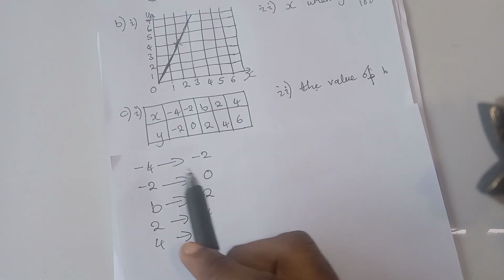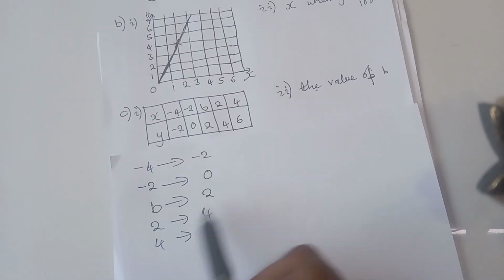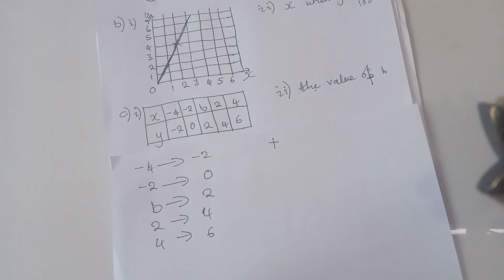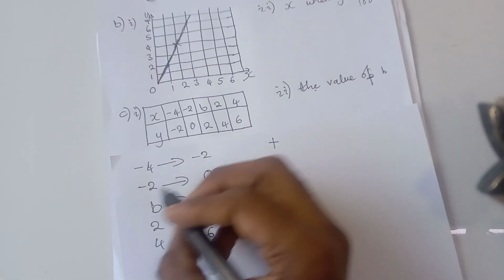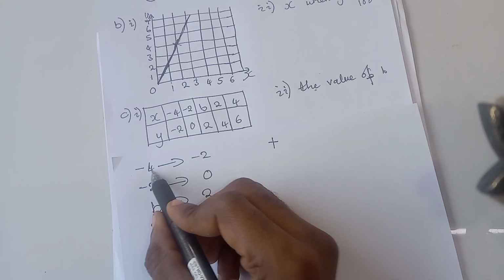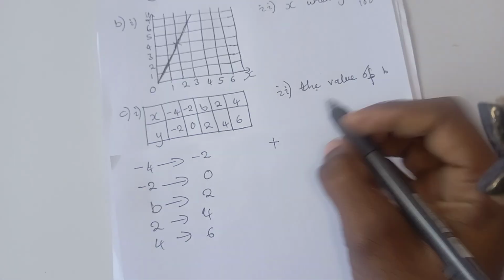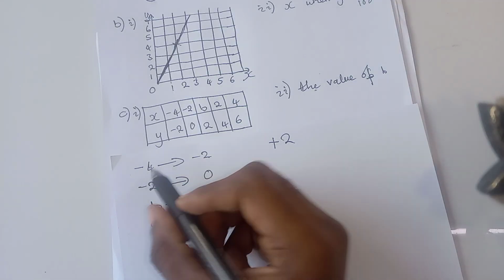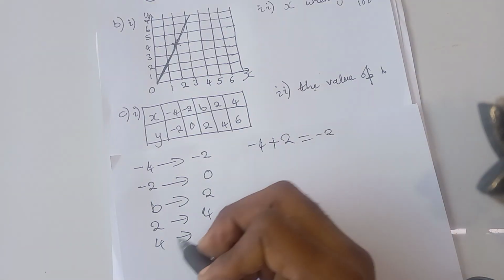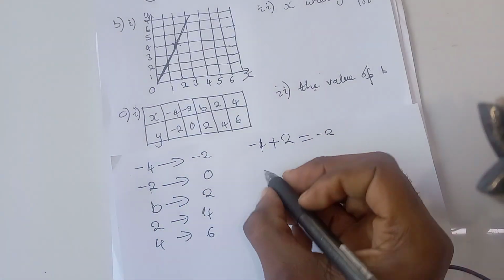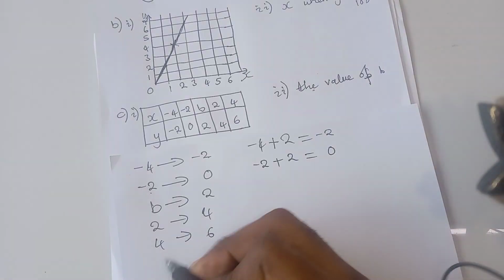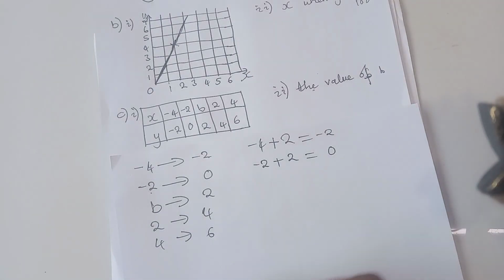When you take a close look at these numbers, let's see if addition will work. Which number can you add to -4 to get this? That would be a 2, because -4 plus 2 is -2. Yes, addition is the correct pattern.